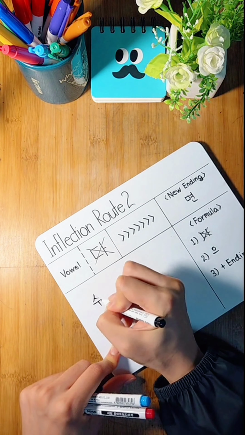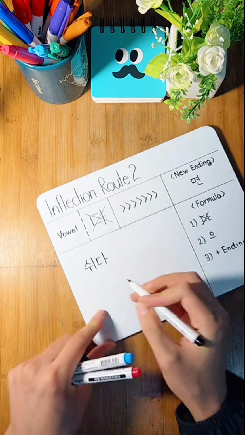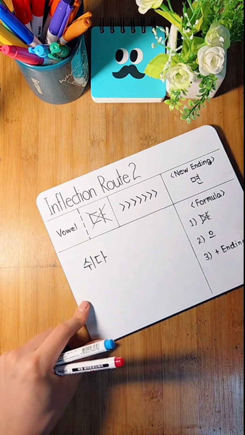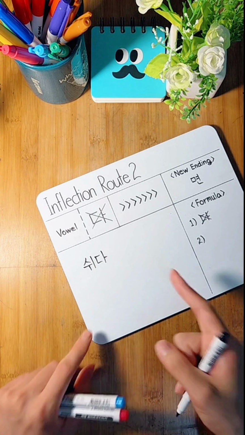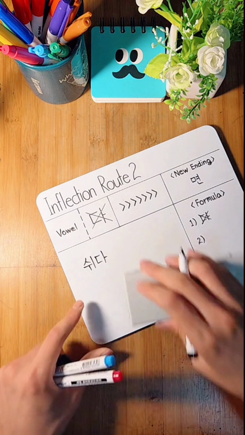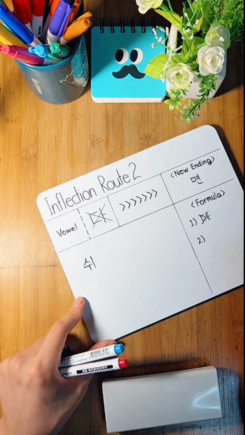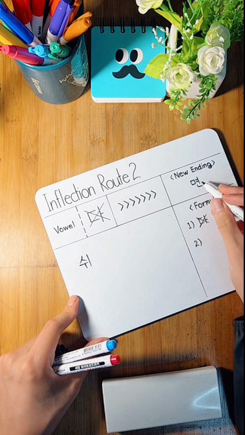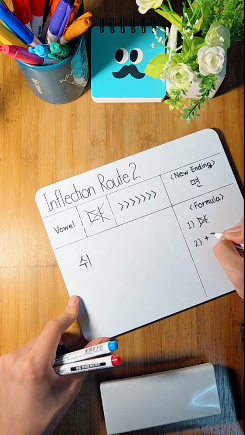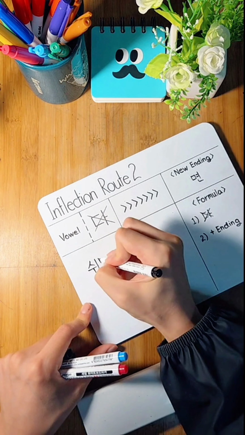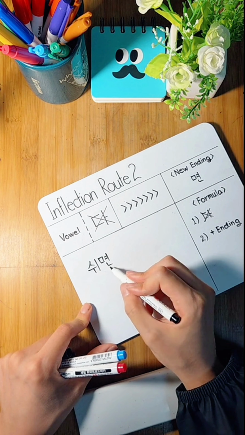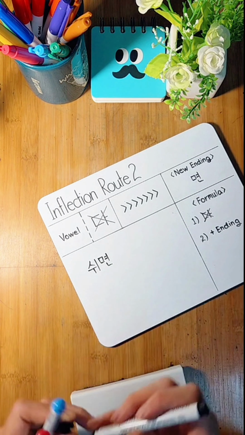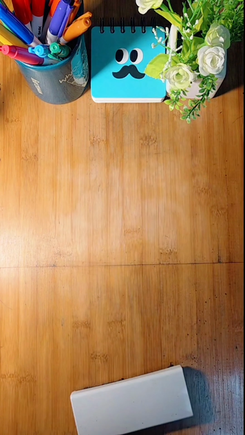So 쉬다. Why is it a free pass? Because in inflection route number 2, the rules are if the display form that you're using ends with a vowel, any kind of a vowel, you get to just remove ta and then immediately attach it. How convenient is that? 쉬면. So now we have if rest. 쉬면, 쉬면. Okay, exactly. So now let's place it in the 문장.